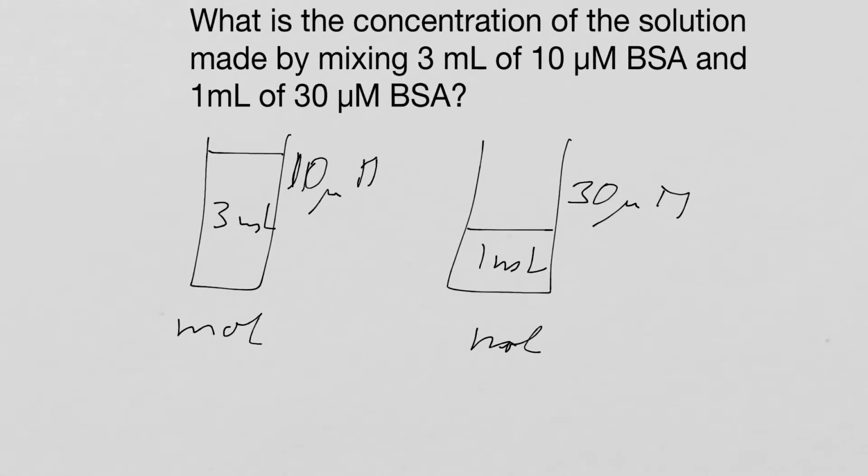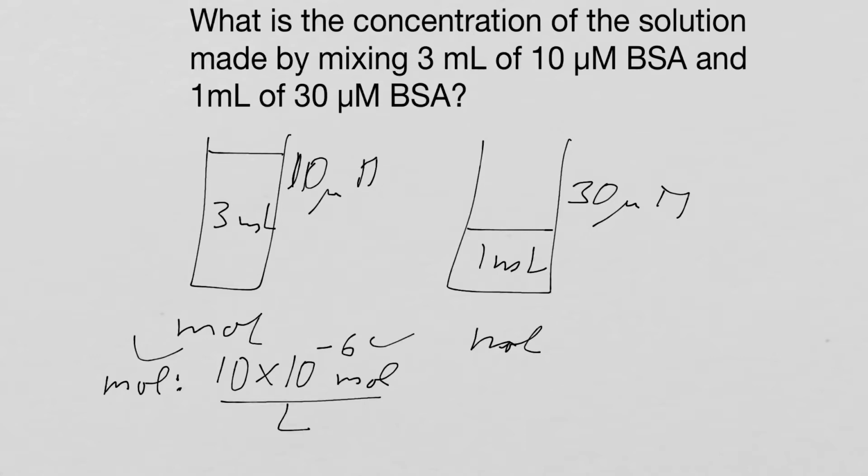And again, that is pretty straightforward. For the first part, we say mole. We have 10 micromolar, that means 10 times 10 to the, what is micro? Minus 6, 10 to the minus 6 mole per liter.